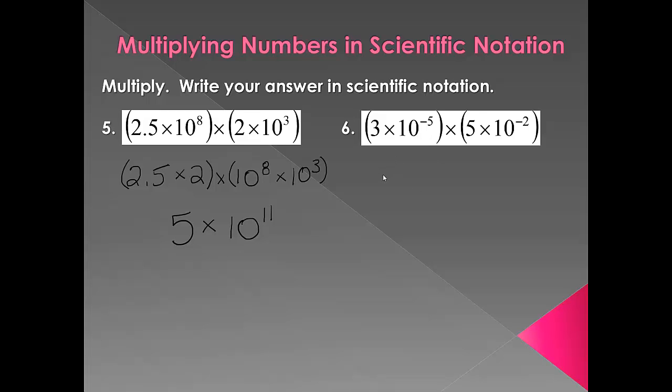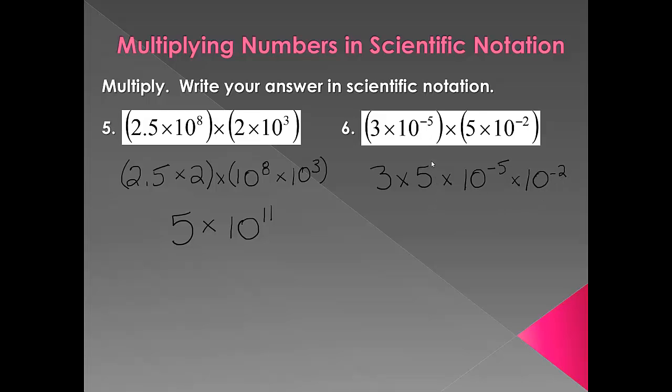Now for number 6, we have the quantity 3 times 10 to the negative 5th power times the quantity 5 times 10 to the negative 2nd power. So I'm going to use the commutative property, and I'm going to have 3 times 5 times 10 to the negative 5th power times 10 to the negative 2nd power.